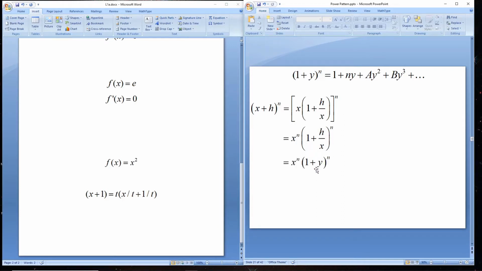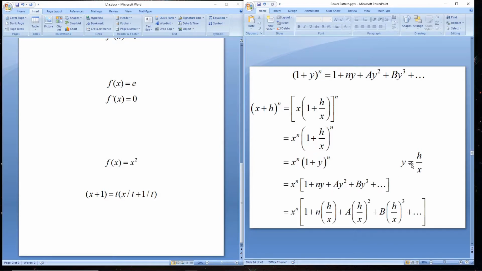And if we do that, this 1 plus h over x is now in the form of Pascal's triangle, 1 plus y raised to an n, where we recognize then that y is h over x. And with this, we can then insert Pascal's triangle into 1 plus y to the n. And so that's what I'm doing right here, replacing 1 plus y to the n with our result here.